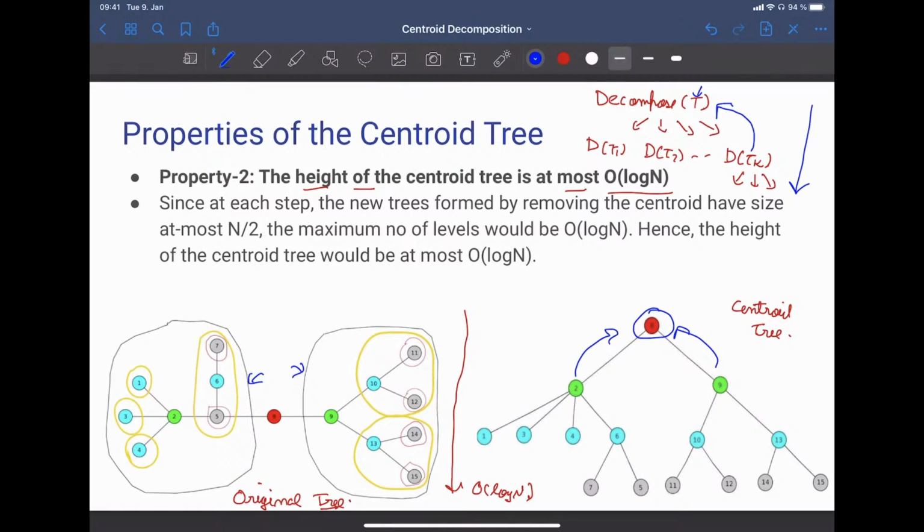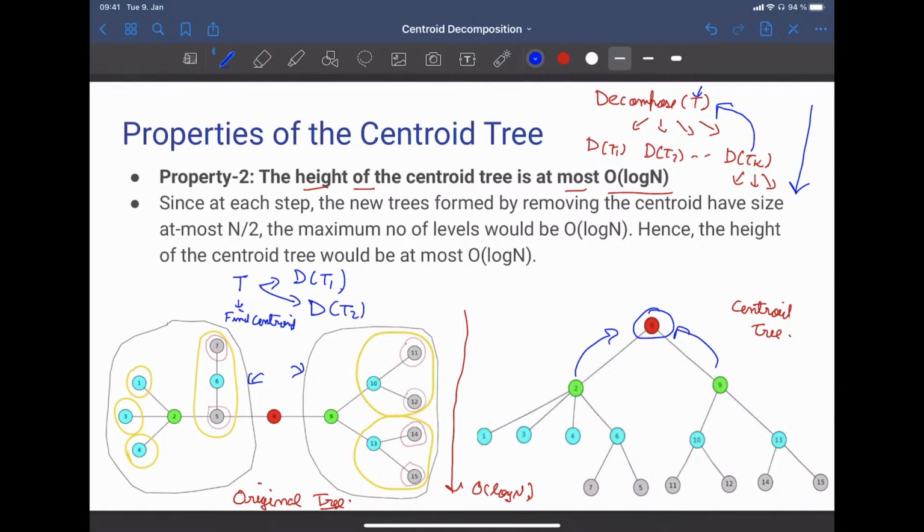The observation here is that every time you call decompose on a smaller subtree, the size of that subtree is less than half the size of the original tree. Why? Given a tree T, if you call decompose on it, you find the centroid and remove it, and you get smaller subtrees T1, T2, and call decompose on them.